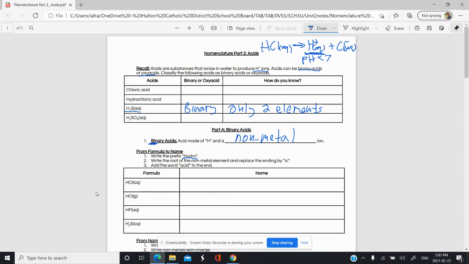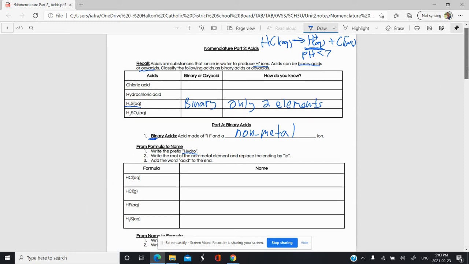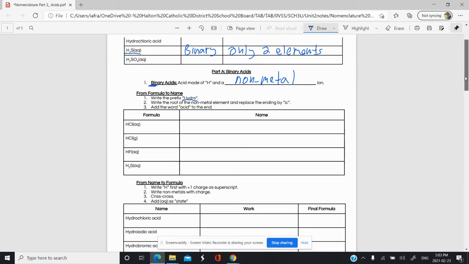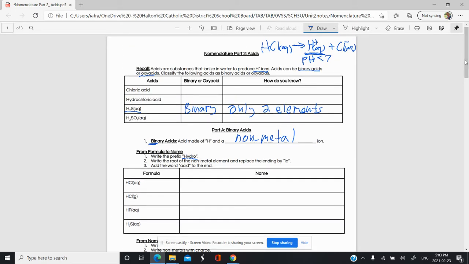An oxyacid is an acid that has H and a polyatomic ion with O in it. So for example, if we go over here, we have H2SO4. So there's H, and then there's a polyatomic ion sulfate, which has O in it. So this is an oxyacid.